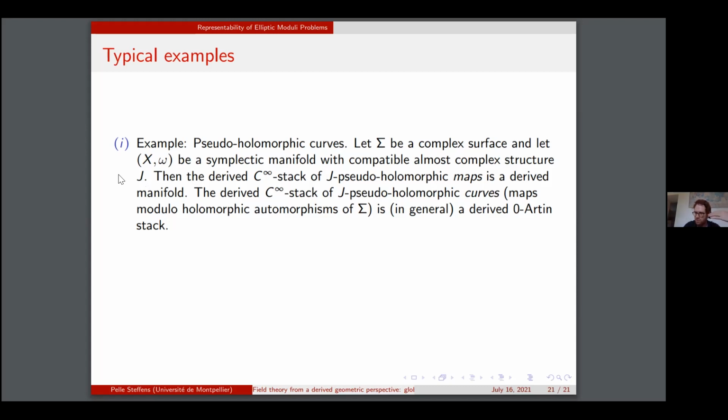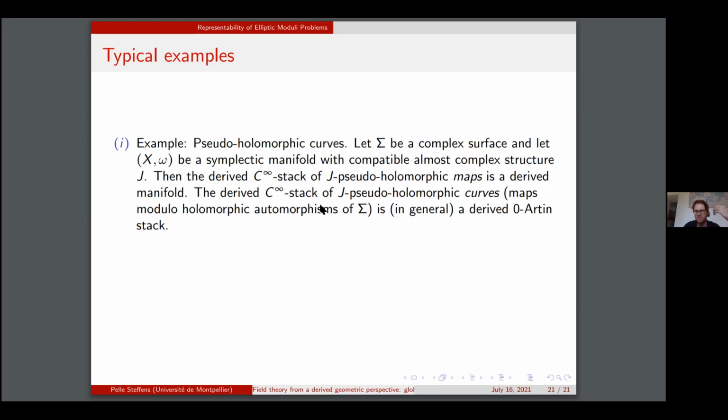To get Banachness, you always need to restrict to some finite regularity, and that really messes up the fact that you even have this action. But in this setting, there is no problem at all. Everything works functorially.